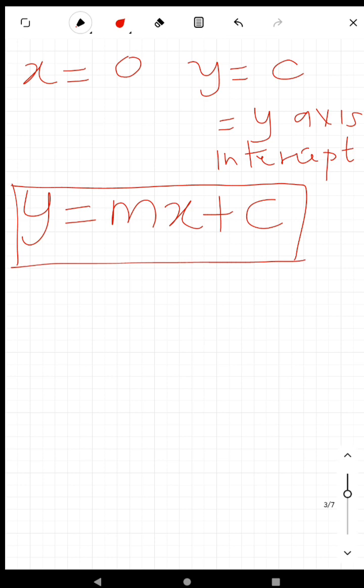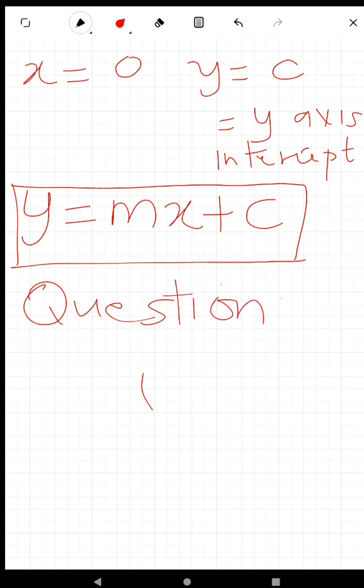What we'll do now is use some examples to understand it more. So let me look at this question. We have three equations.